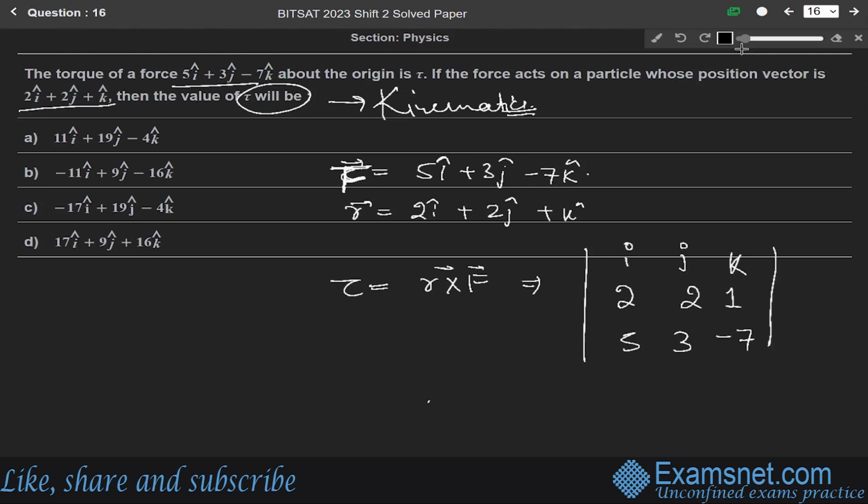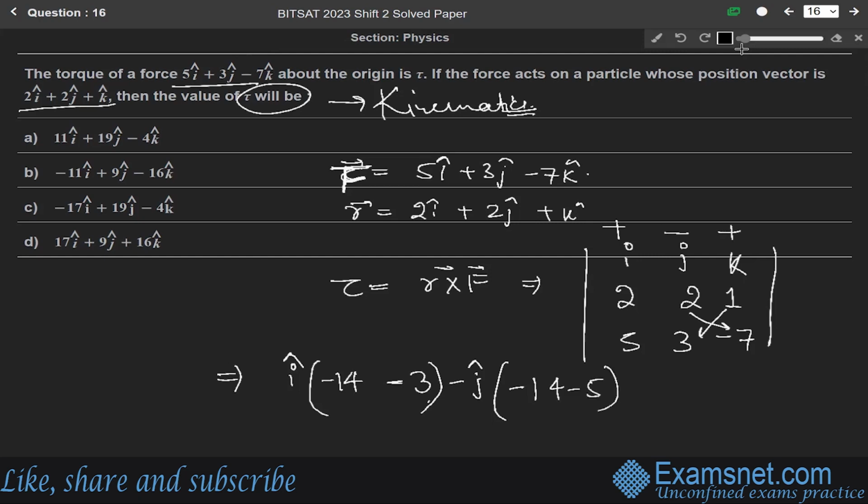So just solve it. First of all, this i cap: 2 into minus 7 means minus 14, minus of 3 into 1, so minus 14 minus 3. Then minus of j cap, since it is plus minus plus: this will be 7 twos are 14, minus of 14 minus of 5.